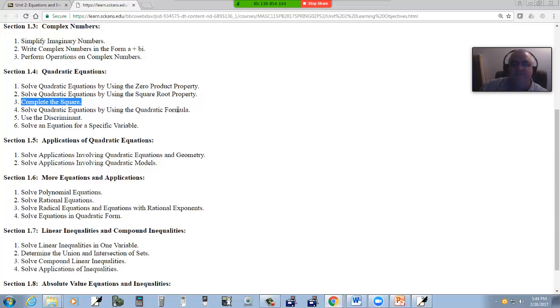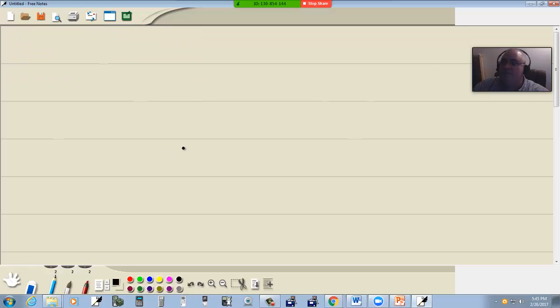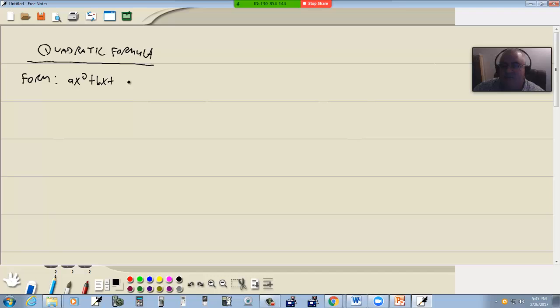And let's talk about the quadratic formula. The quadratic formula is used whenever you have the form ax squared plus bx plus c equal to 0.